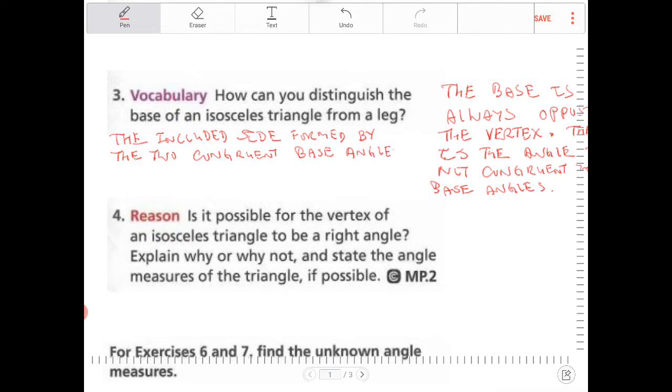What do I mean by the included side? Well, it is the side that's in between the two base angles, right? So the included side is the side that's in between the two base angles.